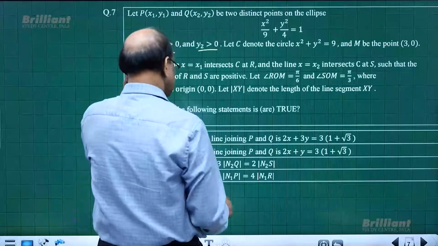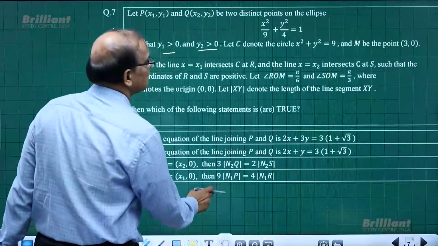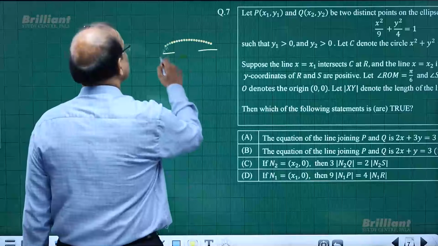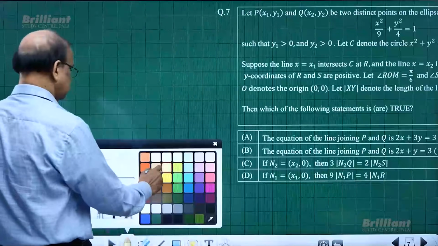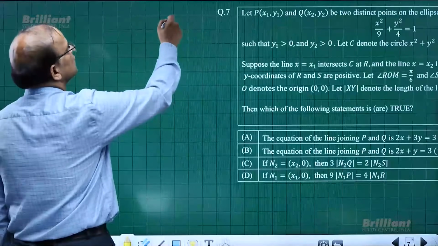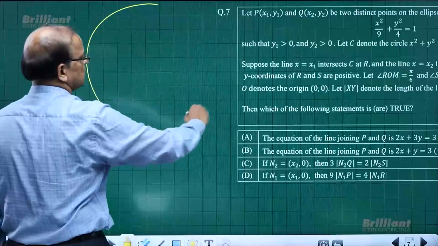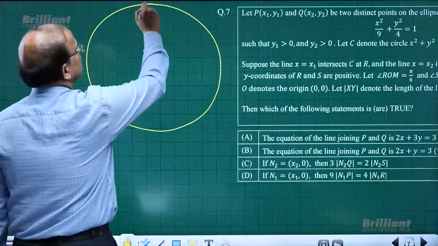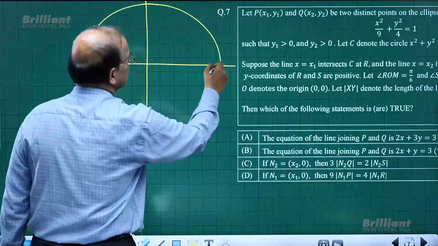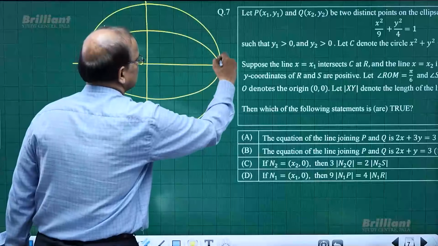First you draw the circle, and here the center, then the ellipse. Yes, so this is the figure.